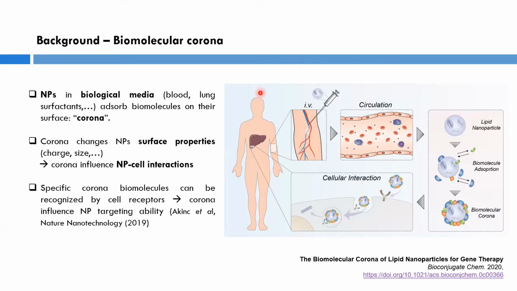These biomolecules are able to absorb on the surface of LNPs, forming the biomolecular corona. And the biomolecular corona is able to change the nanoparticle surface properties such as charge, size, hydrophobicity, and therefore it can influence the interactions between nanoparticles and cells.